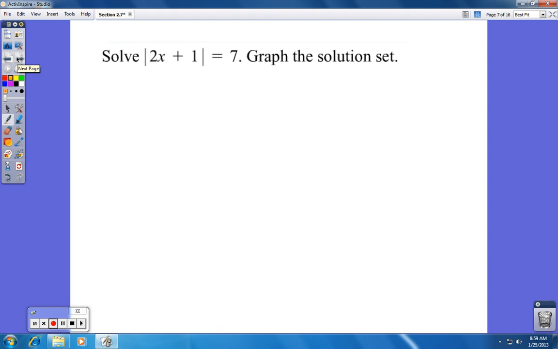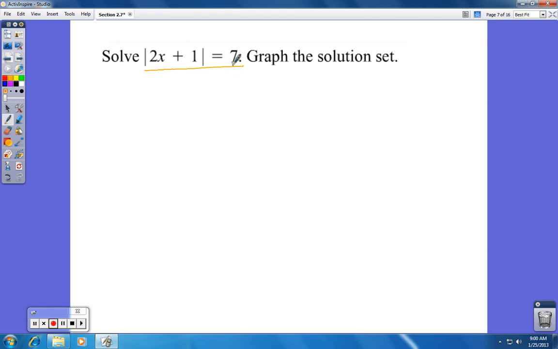So let's look at this example. The absolute value of 2x plus 1 equal to 7. To solve this absolute value equation, we are looking for a value of x that, when we substitute, is going to give us this distance of 7. This equation is in standard form.